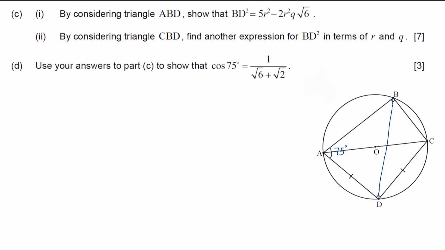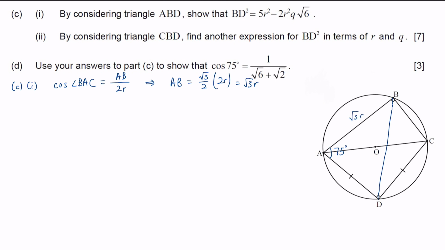I know that AC is 2r, and cosine of angle BAC is equal to AB over AC, which is 2r. So AB is equal to cosine 30 degrees, which is root 3 over 2, times 2r, and so that gives me AB to be root 3 r.